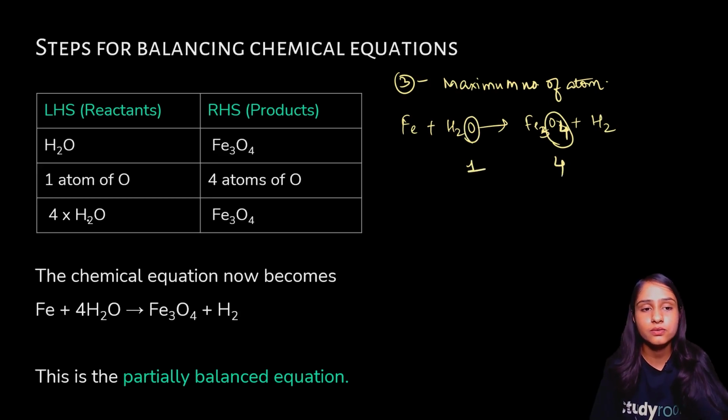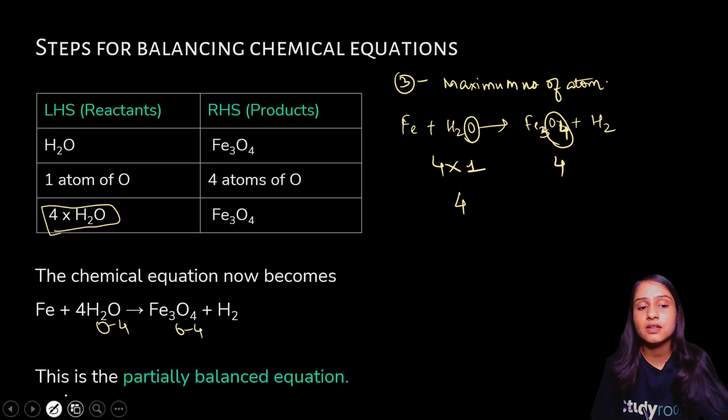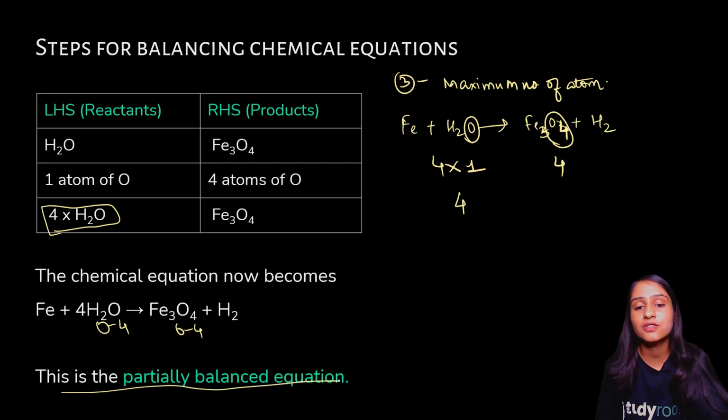What will you do? You will add 4 in order to balance the number of oxygen atoms. So here oxygen got balanced, but this is still a partially balanced equation. You need to do more in order to get a perfectly balanced chemical equation.